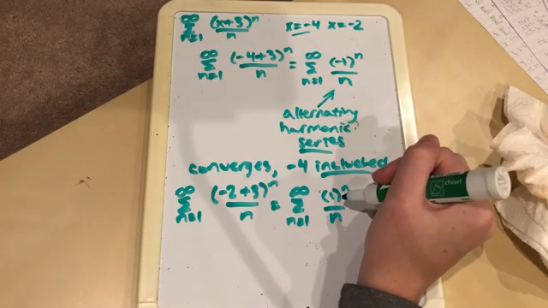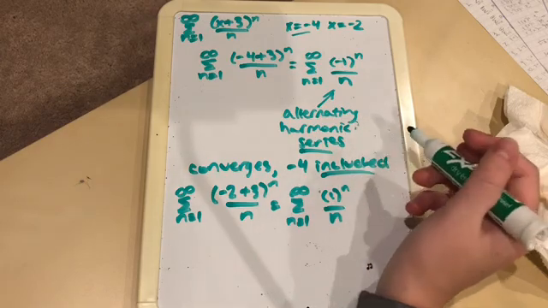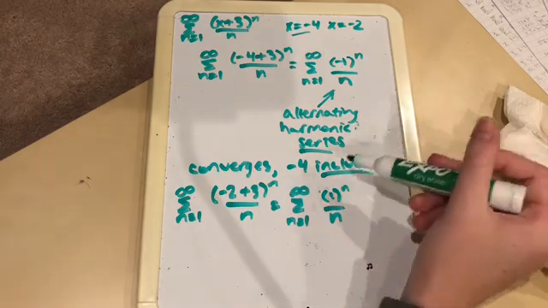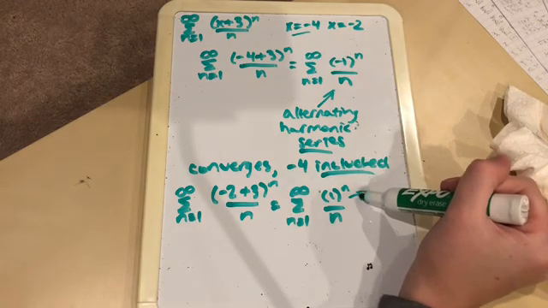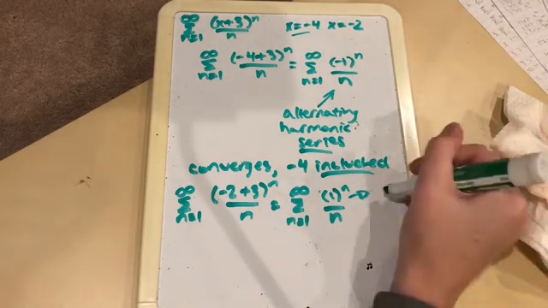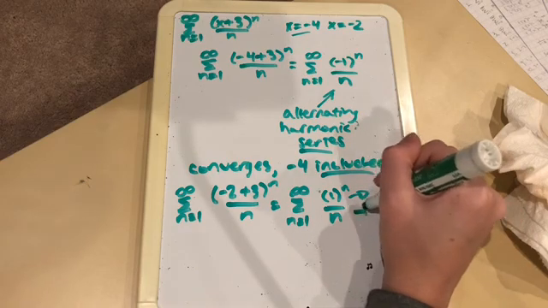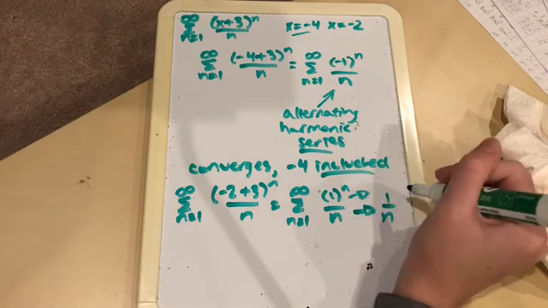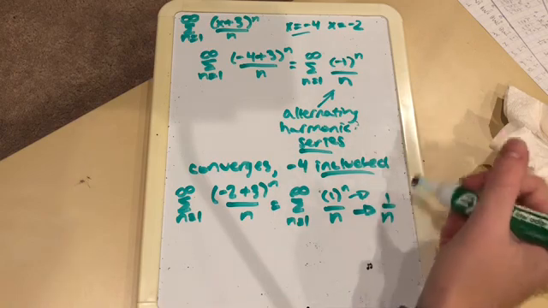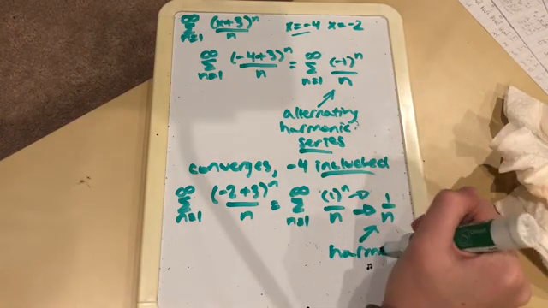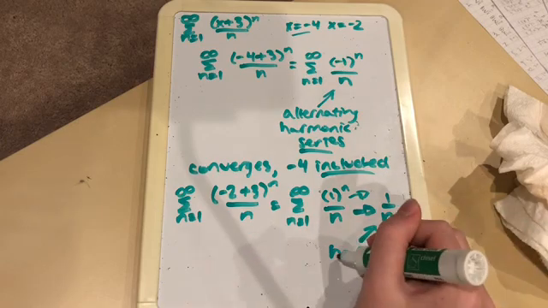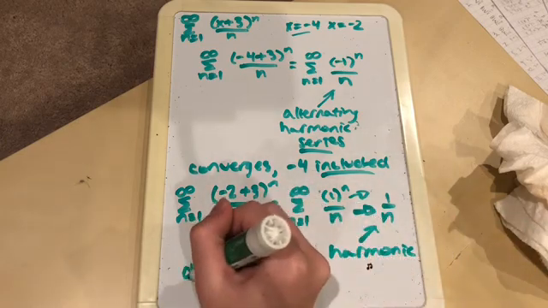And from here, this value on the top will always be a 1 regardless of what n value you plug in. So you can simplify this to 1 over n. And this is what's known as the harmonic series. And we know that 1 over n always diverges.